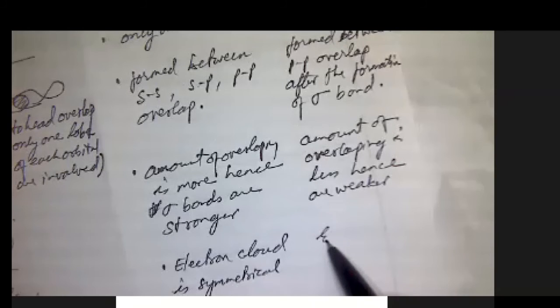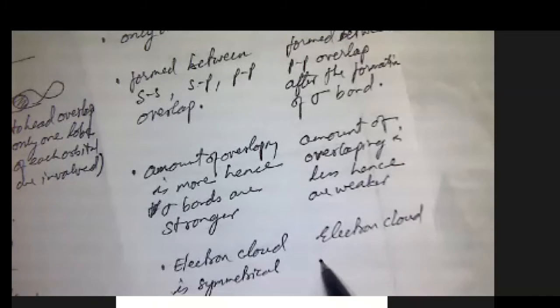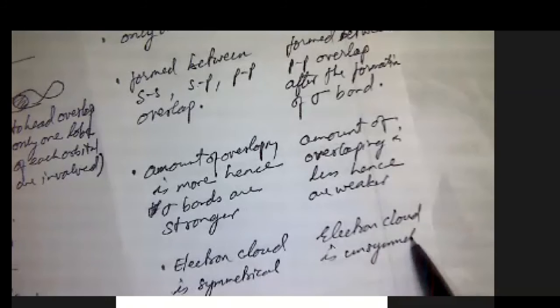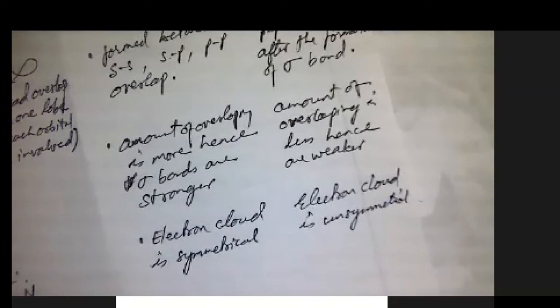Here the electron cloud is unsymmetrical. Why? Because here you have only one line on which it overlaps. Here you have two places, above and below, isn't it?